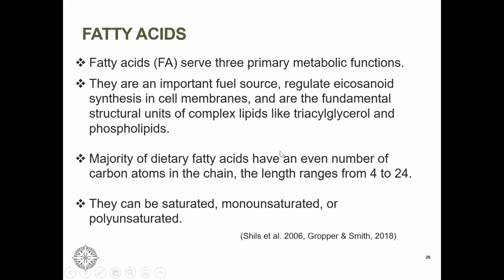So these eicosanoids, again, one of the sessions, session 10, is entirely on eicosanoids. These are inflammatory molecules, okay? And they are derived from fatty acids in the cell membrane. So we'll delve deep into that.